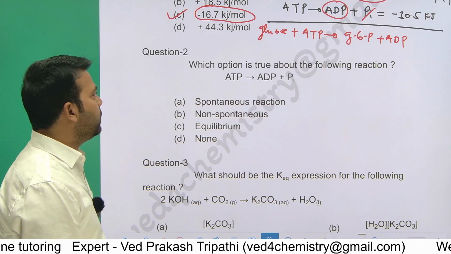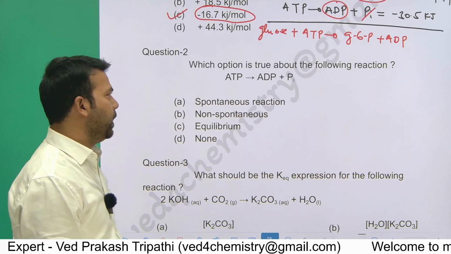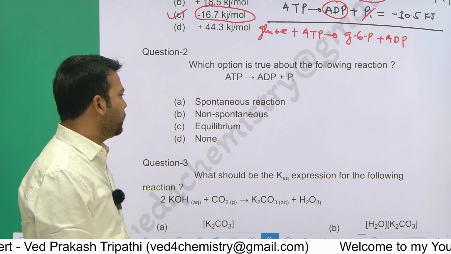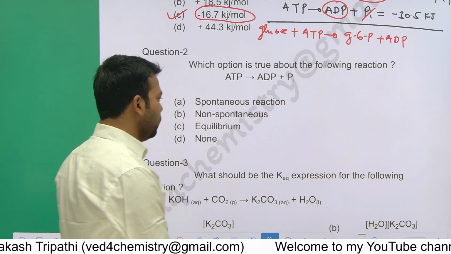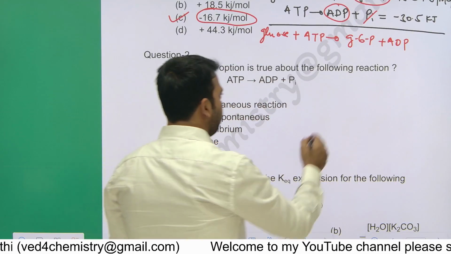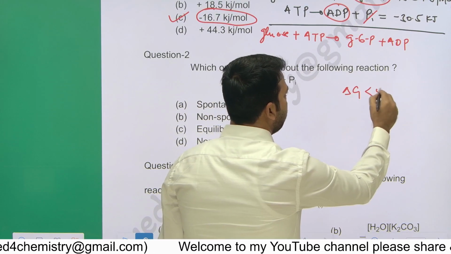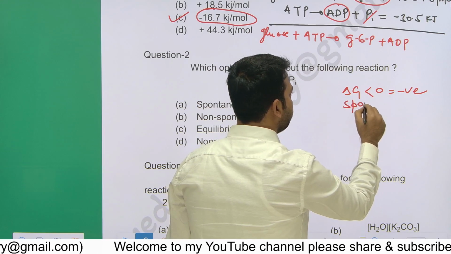Now the next is which option is true about the following reaction: ATP gives ADP plus Pi. Spontaneous, non-spontaneous, equilibrium, or none. It's quite a simple one. Whenever the delta G value is less than 0 or negative, we can say the reaction is spontaneous.